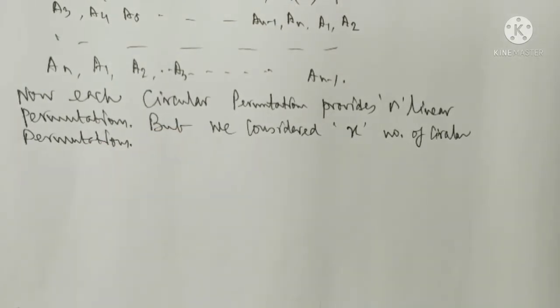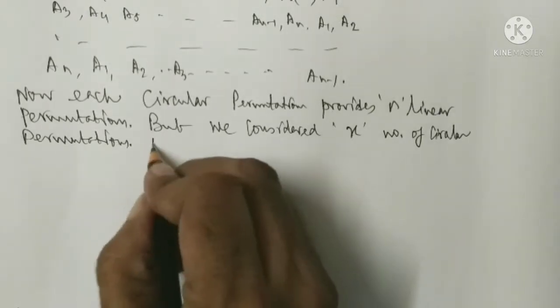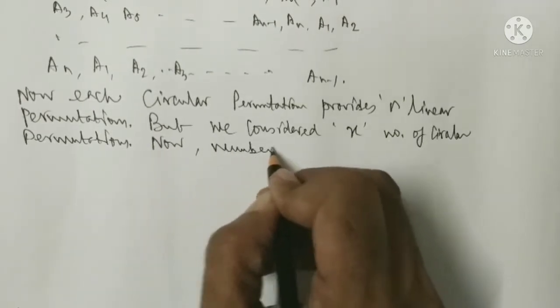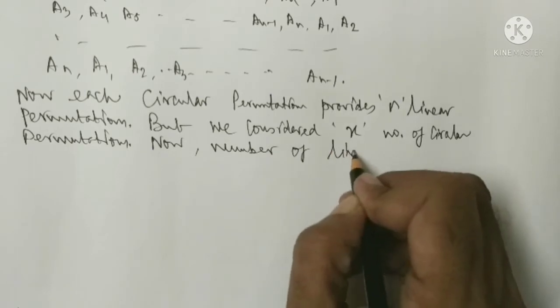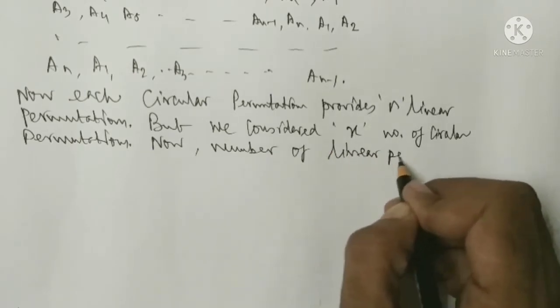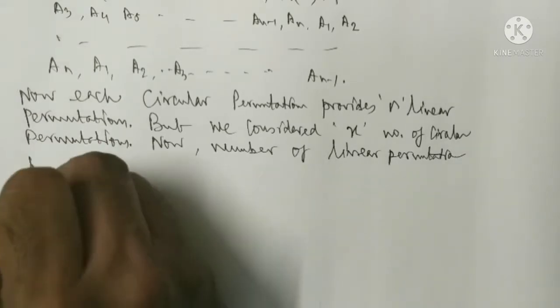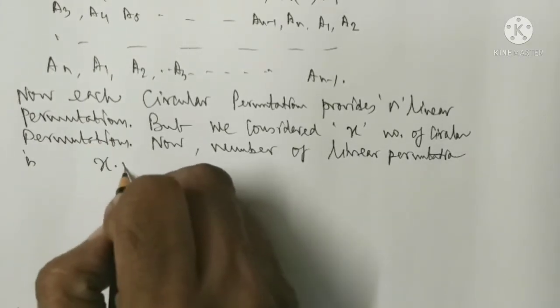Therefore, we can mention that number of linear permutations is x into n.